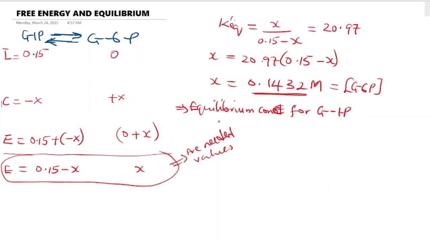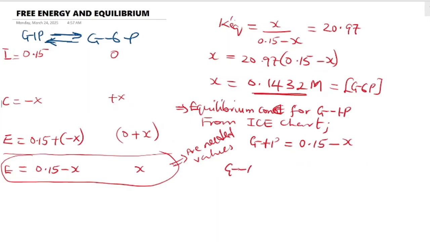And from our ICE chart, the glucose 1-phosphate concentration is equal to 0.15 minus X. So if you apply X from what we have got, the equilibrium concentration of glucose 6-phosphate, you just apply that.